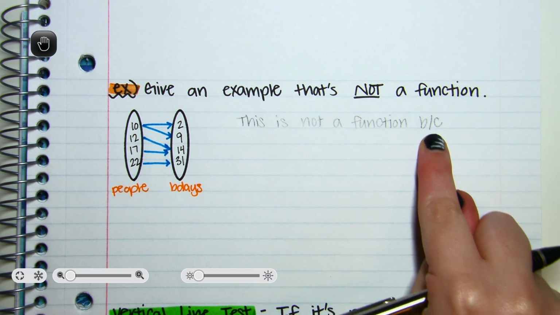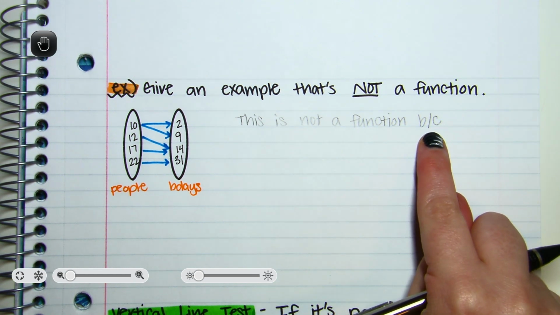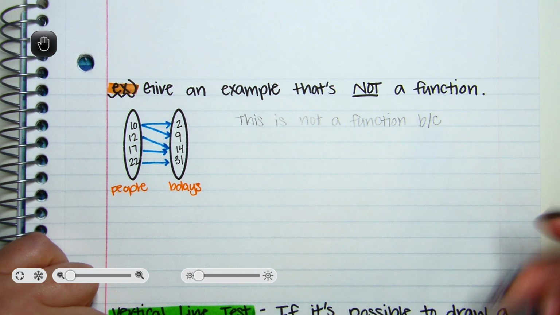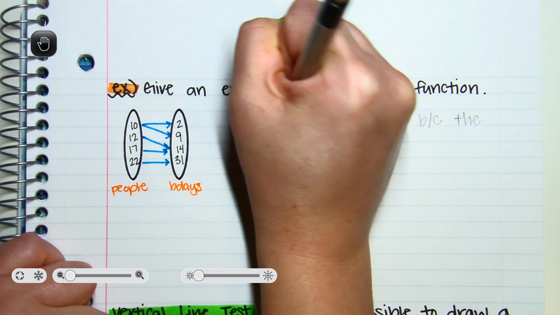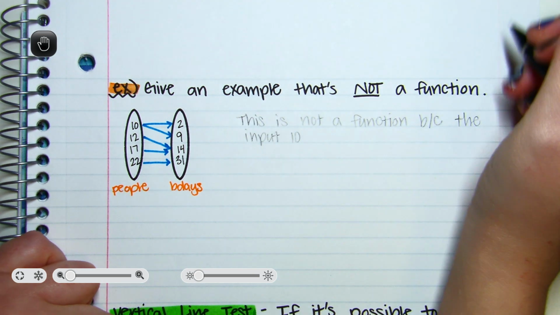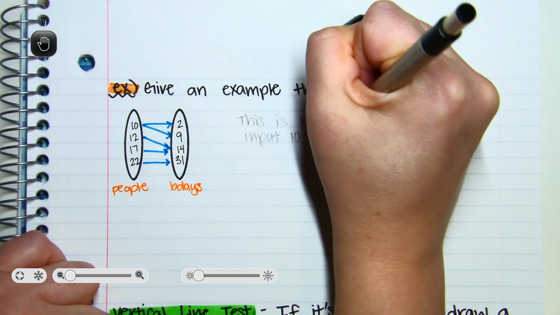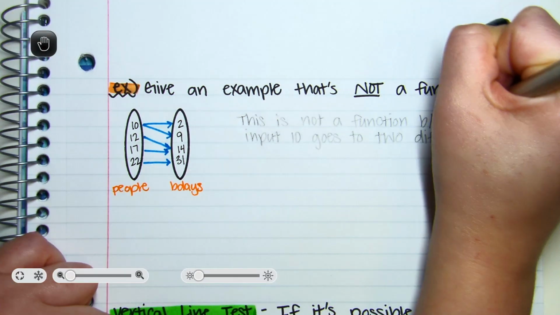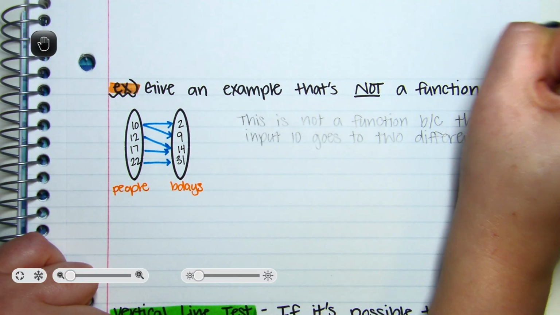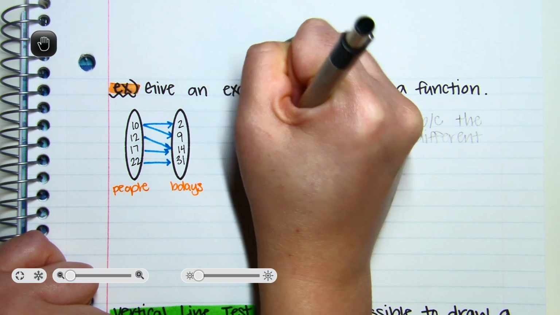It's universally how it's abbreviated and how I will always abbreviate it in class. So because the input 10 goes to 2 different outputs.